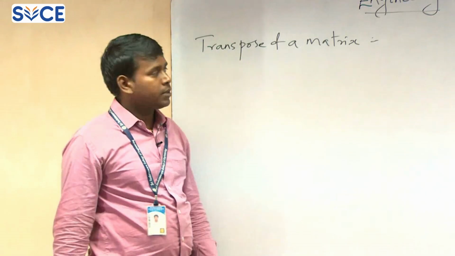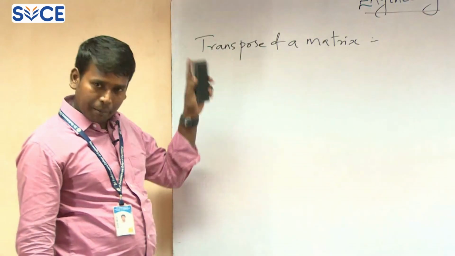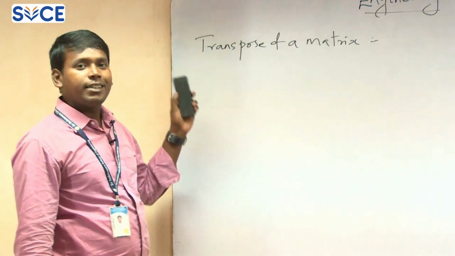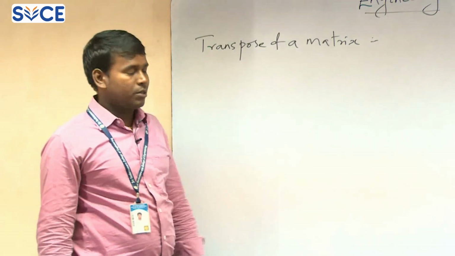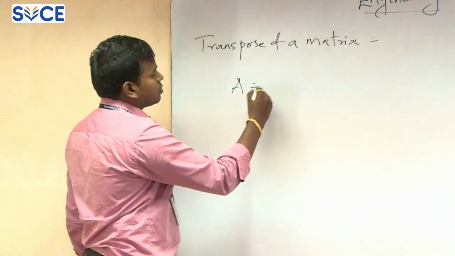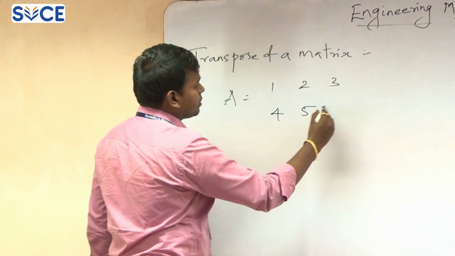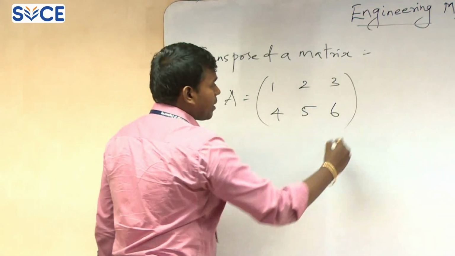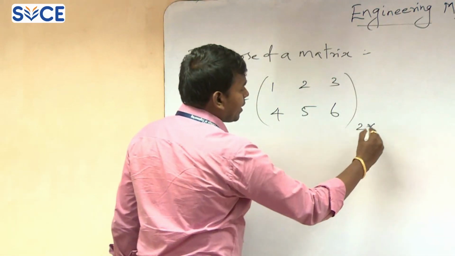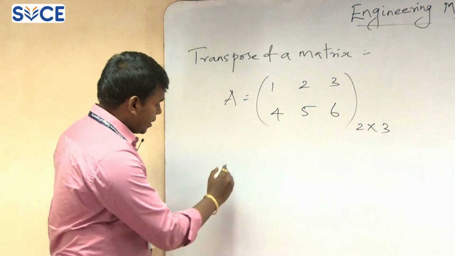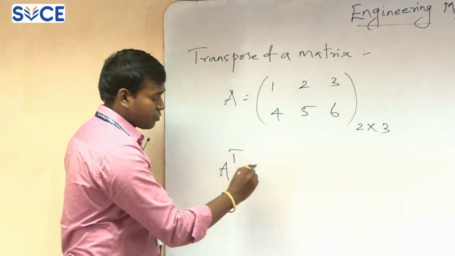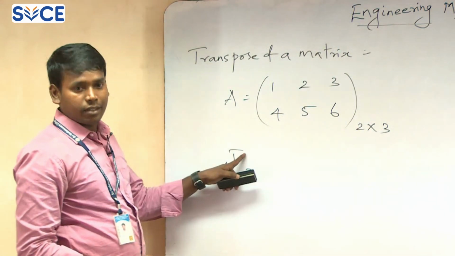Transpose of a matrix. Transpose of a matrix is a matrix obtained by interchanging its rows and columns. For example, A equal to 1, 2, 3, 4, 5, 6. The order of the matrix is 2 by 3. Now A transpose. Transpose of the matrix is denoted by A transpose.